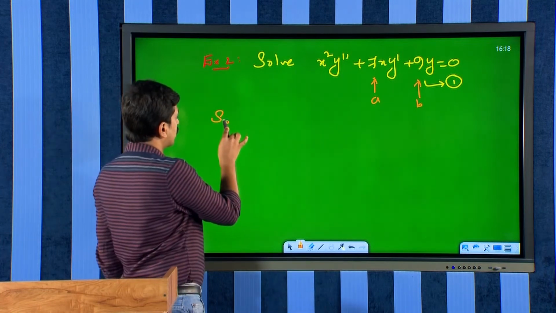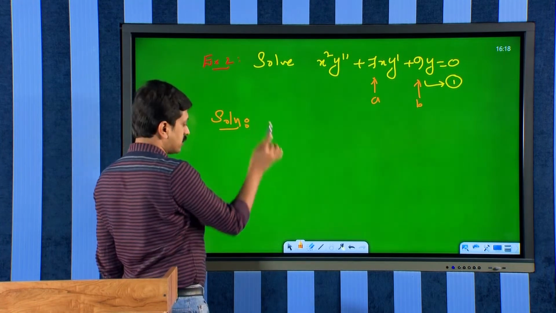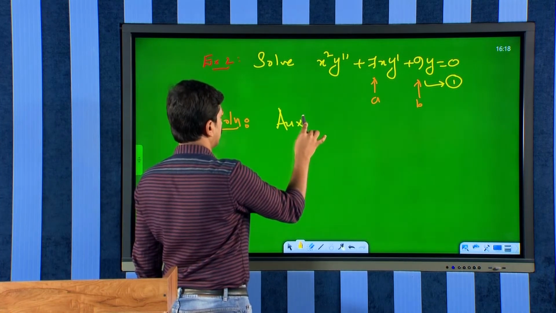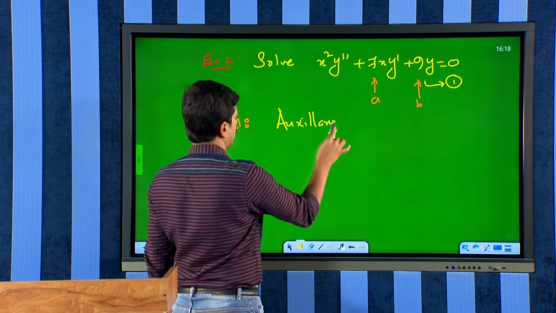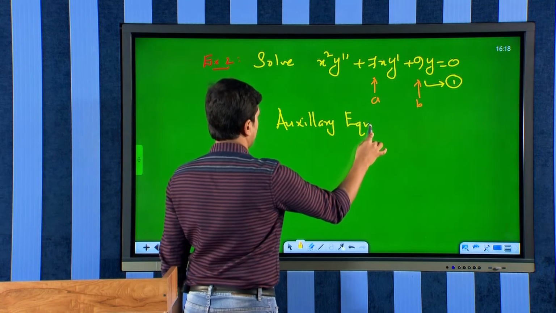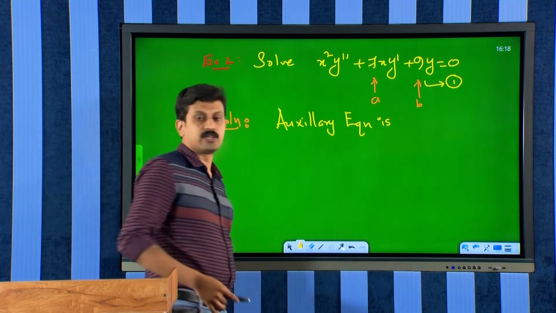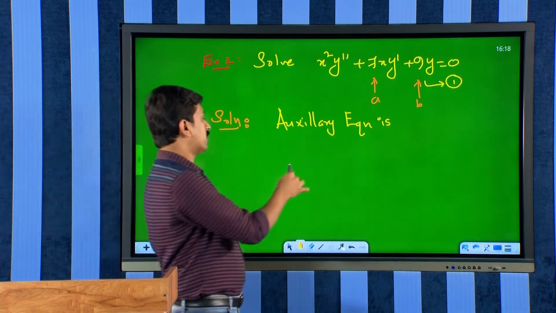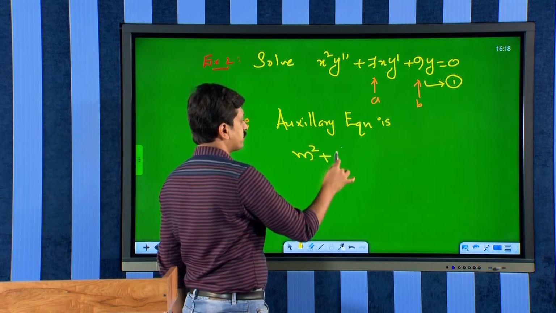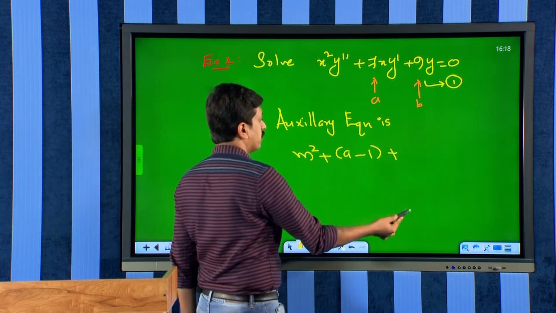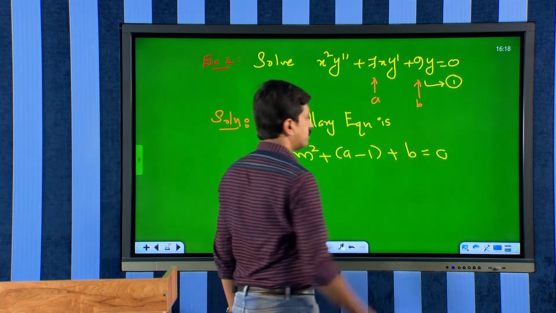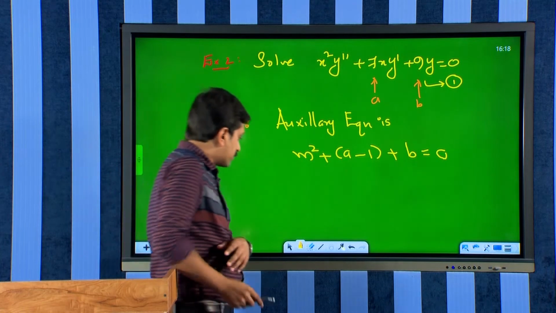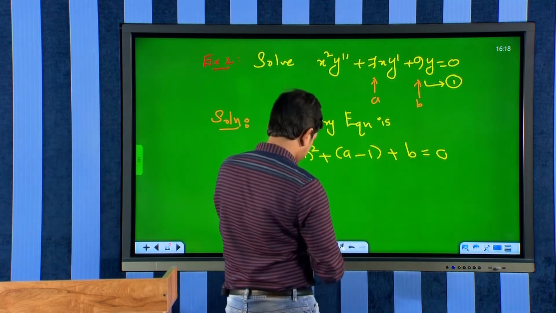Therefore, as part of the solution, we can write the auxiliary equation. The auxiliary equation is m square plus (a minus 1) into m plus b equal to 0.